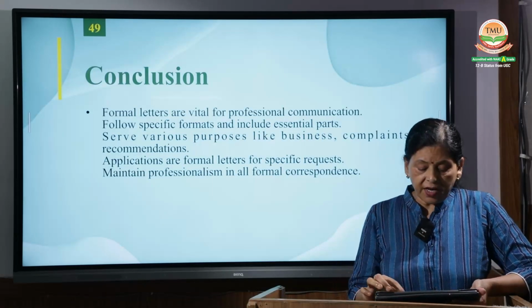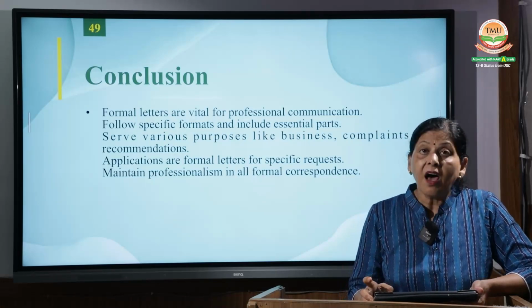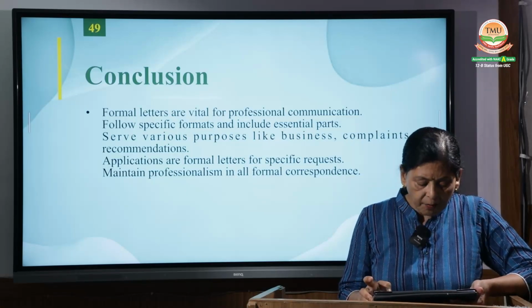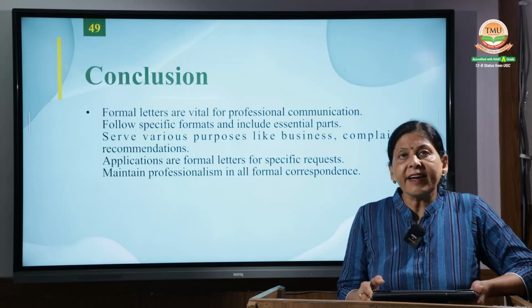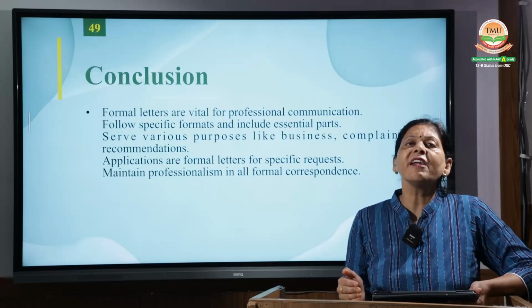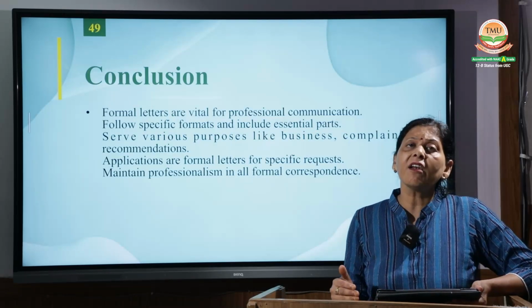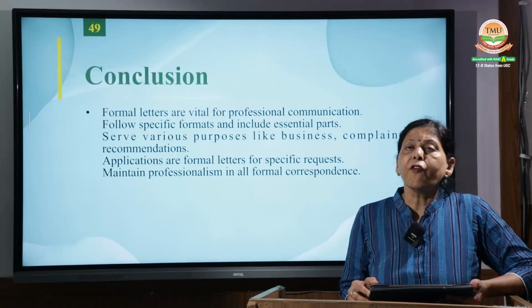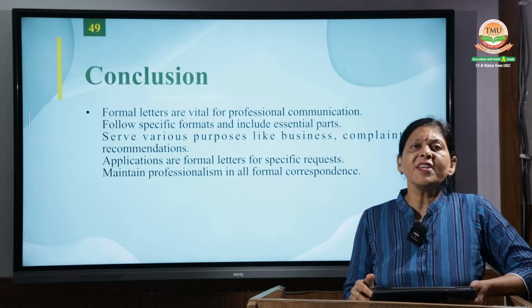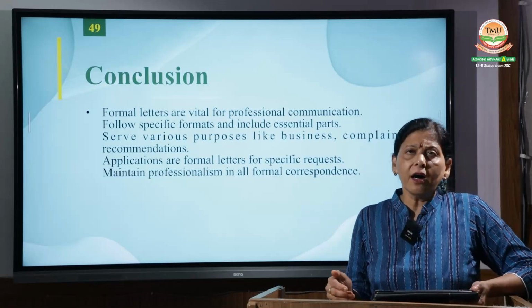Now, after this we come to the conclusion. The conclusion is that formal letters are vital for professional communication. Follow specific formats, whichever type of letter we are writing. Only the language changes a little. The format is the same whether I write an inquiry letter, a sales letter, an order letter, or a quotation letter.